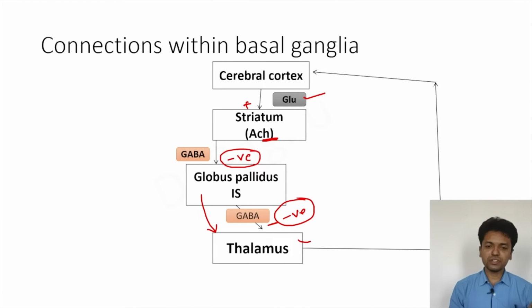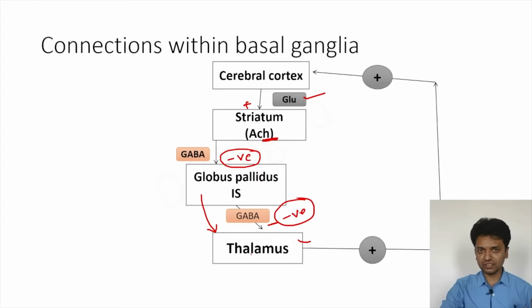The output comes from the globus pallidus internal segment and goes via the thalamus to the cerebral cortex. Okay, so now what is happening? This circuit is what is called the direct circuit, and this direct circuit is providing excitatory output to the cerebral cortex.